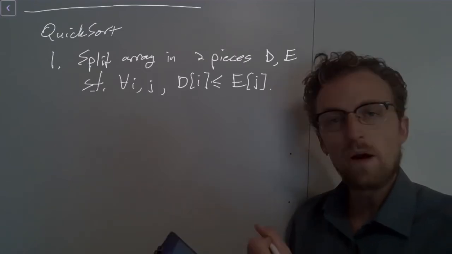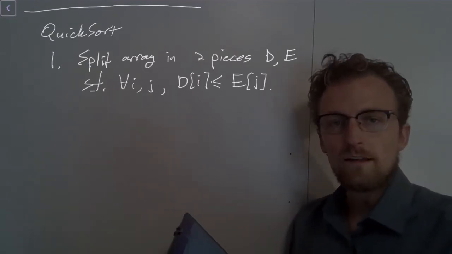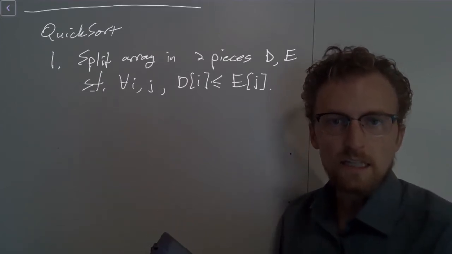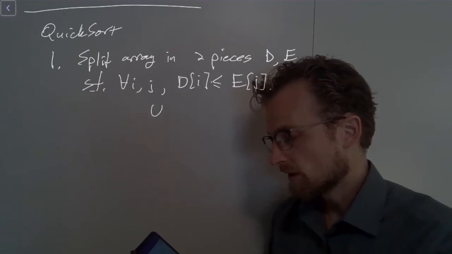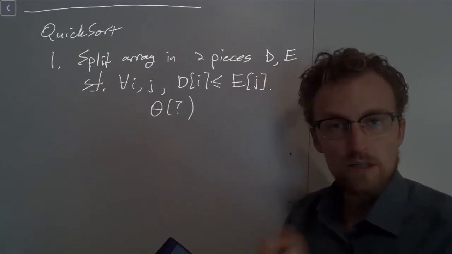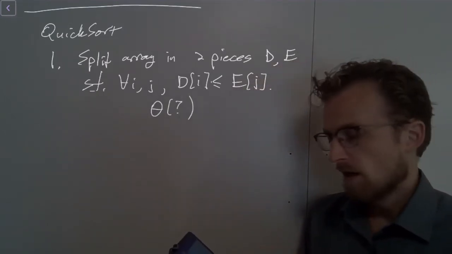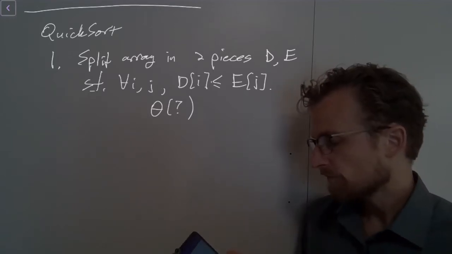This is just a way of saying everything in D is less than anything in E. Okay, so this is our split. The question here is what's the complexity of this? How fast could we do this split, which we'll address in a moment.